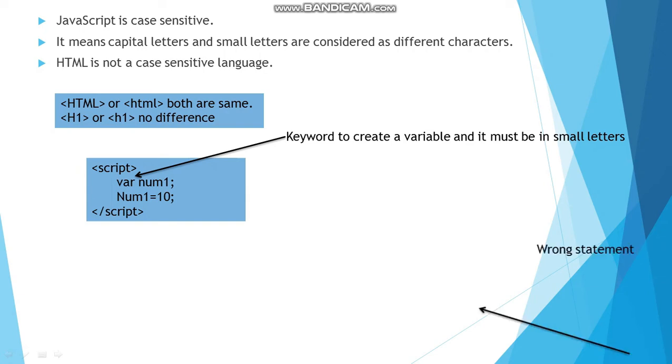This statement is wrong. Actually it will take both these variables as different. Small num1 is different and capital Num1 is different. So here it will create mistake. So if you want to use this num1 small letter variable, then same way you have to give the name, because JavaScript is case sensitive.